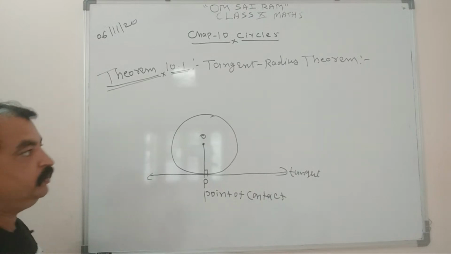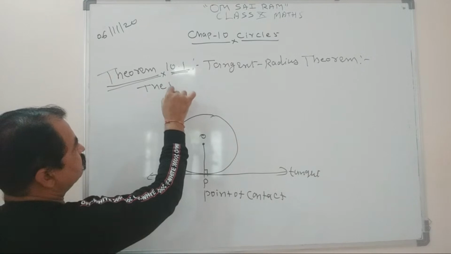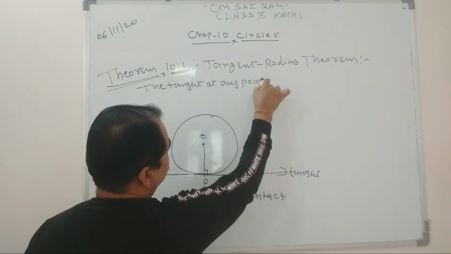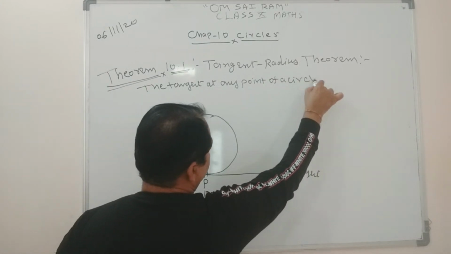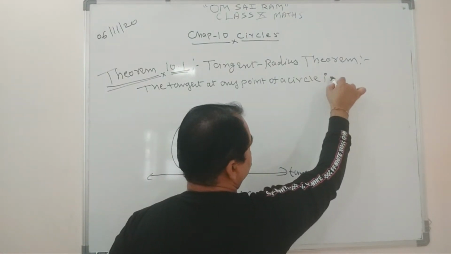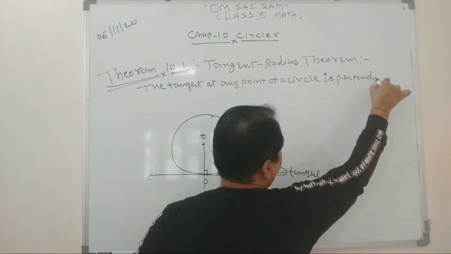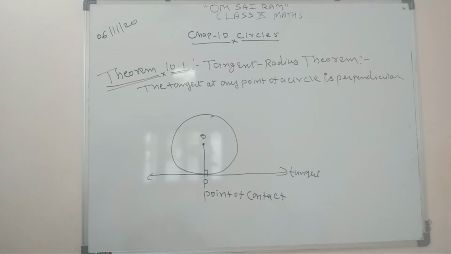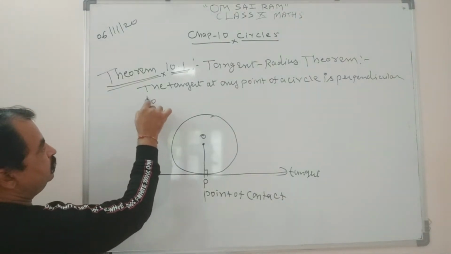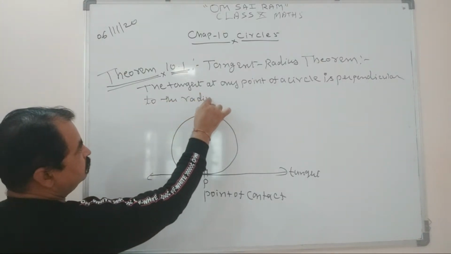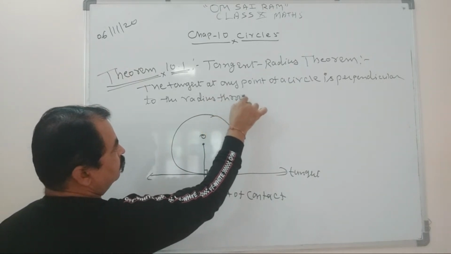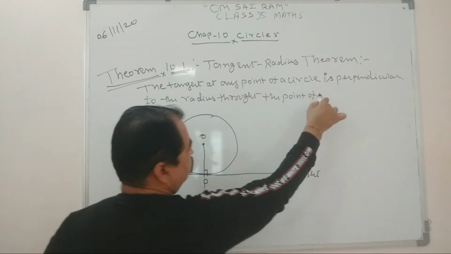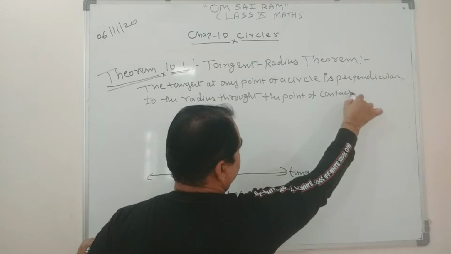The tangent at any point of a circle is perpendicular to the radius through the point of contact, or you can say at the point of contact, children. Right? The theorem statement.